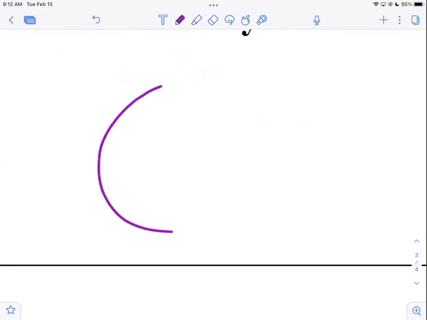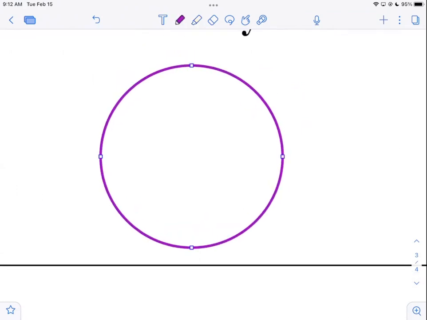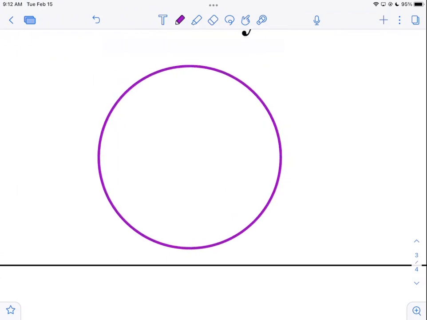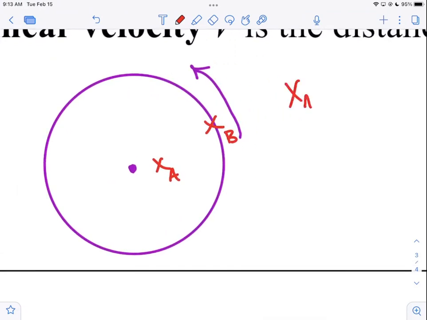So here's the idea. Let's say you have something that rotates, and here's the center. Let's say it's rotating this way. If you have something that's right here versus something that's right here, we'll call this A and B. X sub A and X sub B, they're going to have the same angular velocity, omega.